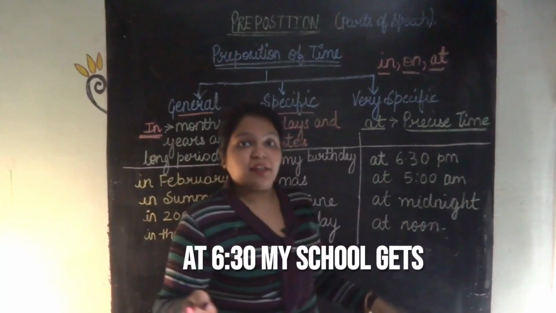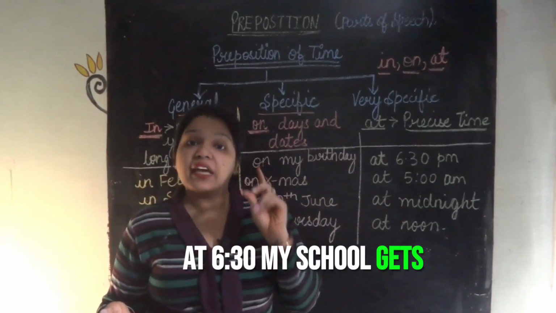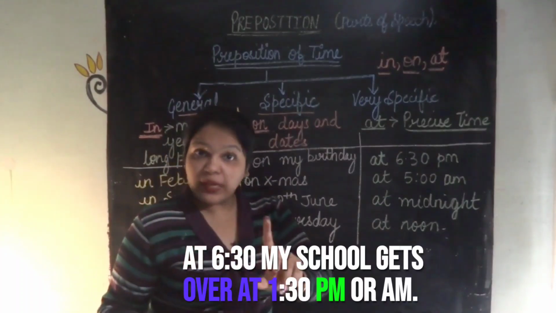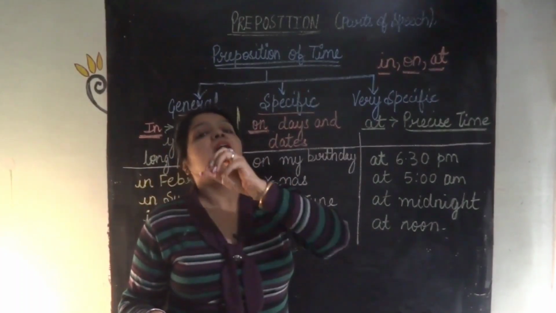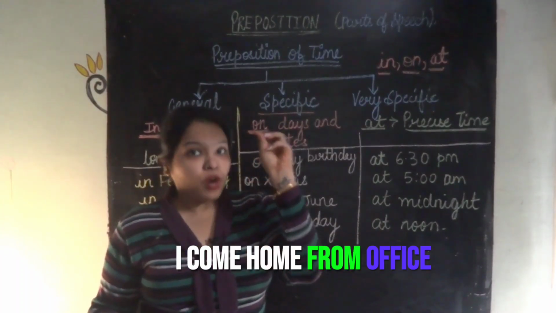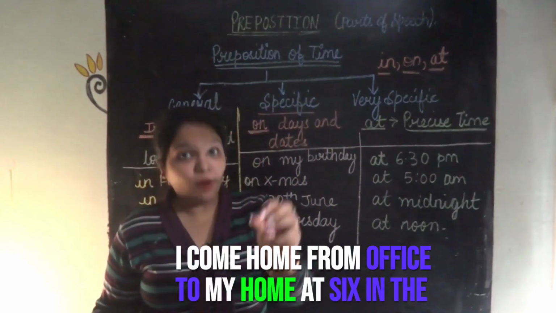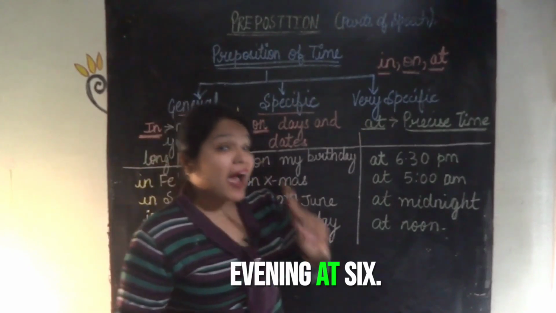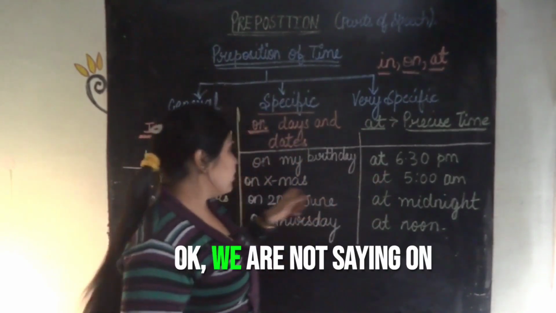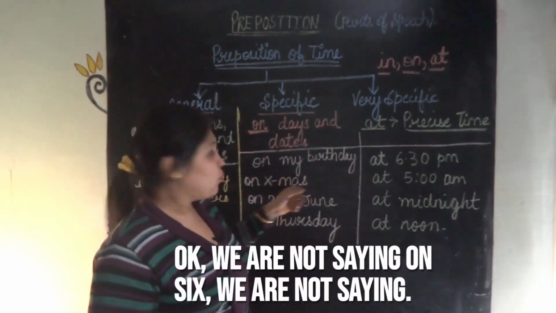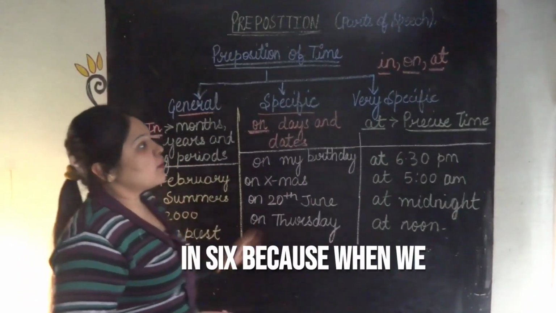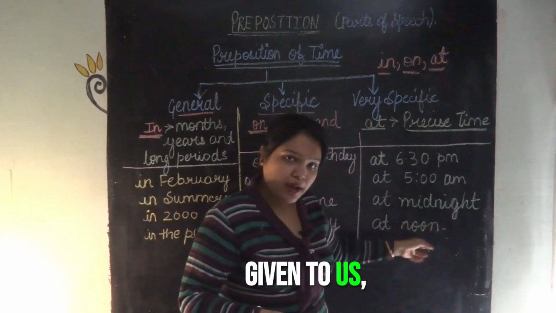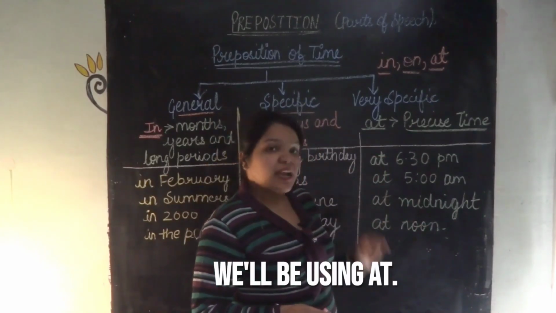At 6:30. My school gets over at 1:30 p.m. I come home from office at 6 in the evening. So at 6. We are not saying on 6 or in 6, because when we have the specific time given to us, we'll be using at.